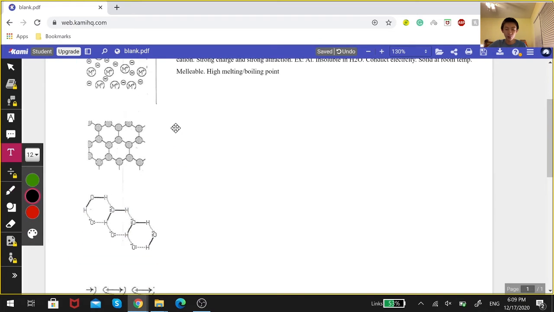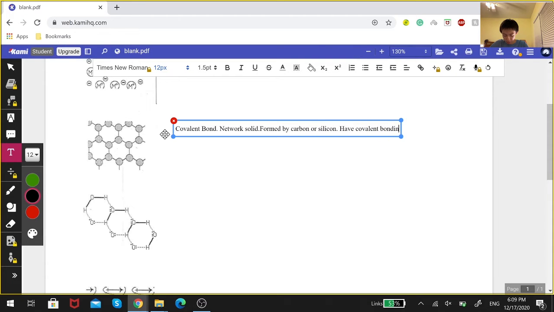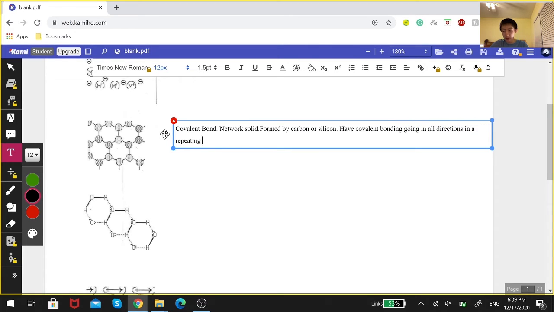Now over here, our second one, we have a covalent bond, and so a network solid. The description: it is formed by carbon or silicon, with covalent bonding going in all directions in a repeating pattern.